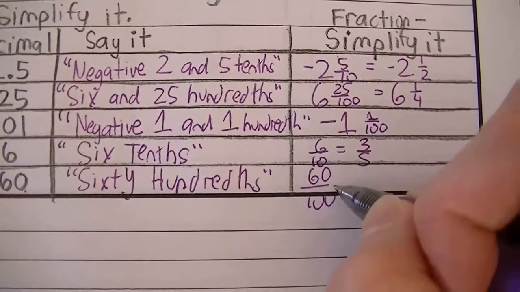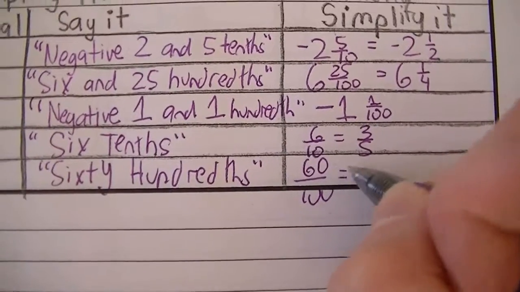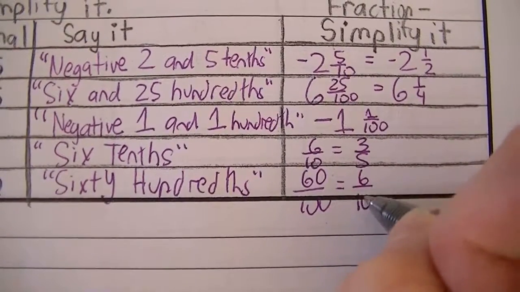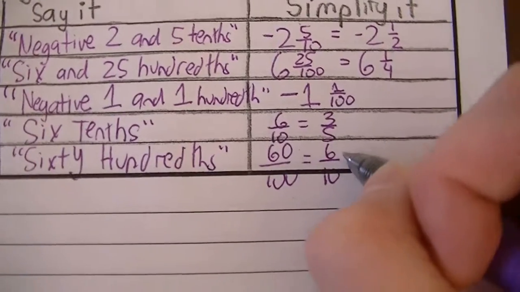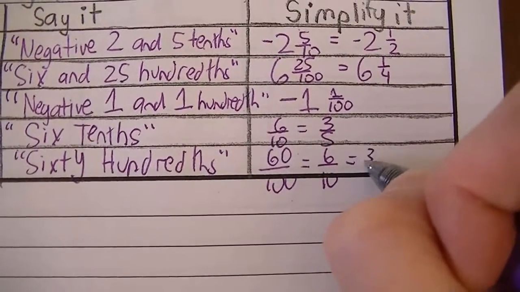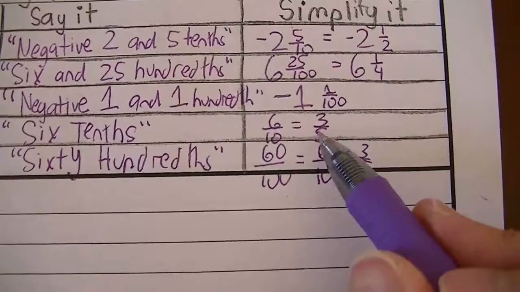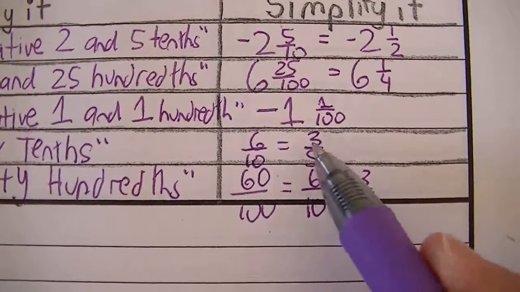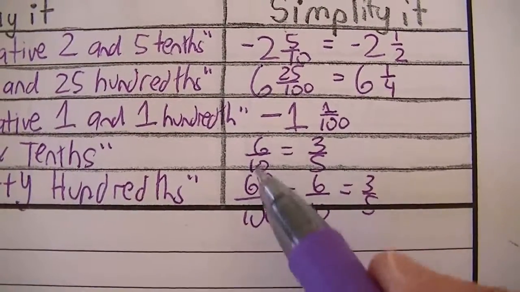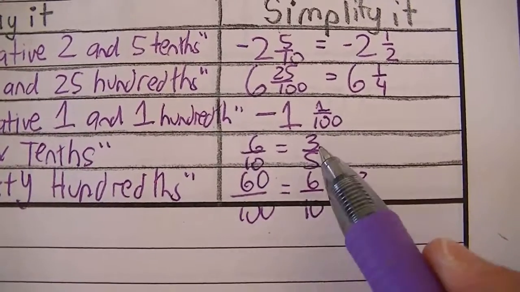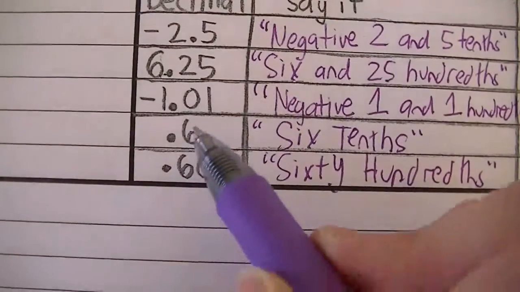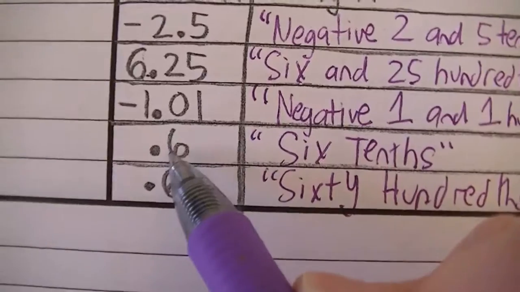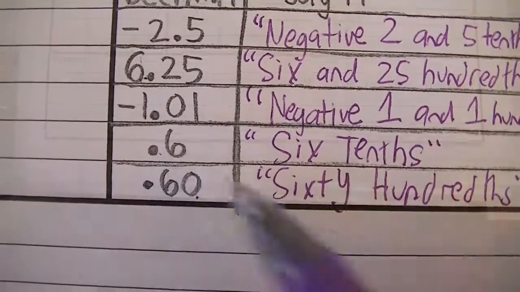Let's go ahead and simplify that. I'm going to divide by 10, divide by 10. You get 6/10. I can simplify it further, divide by 2, and get 3/5. Okay? Notice that these fractions simplified to the exact same number, so these fractions are all equivalent. Well, if their fractions are all equivalent, then of course their decimals are equivalent. So these two numbers are also interchangeable.